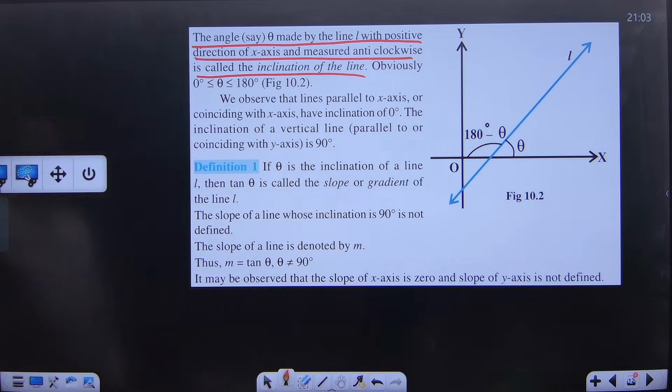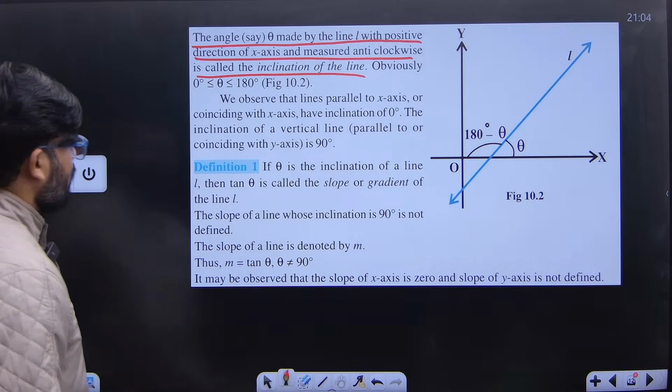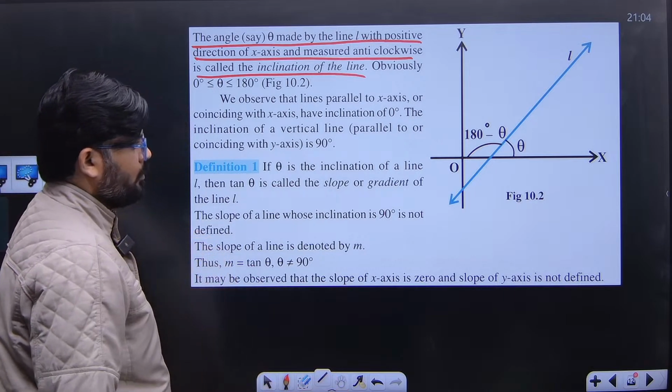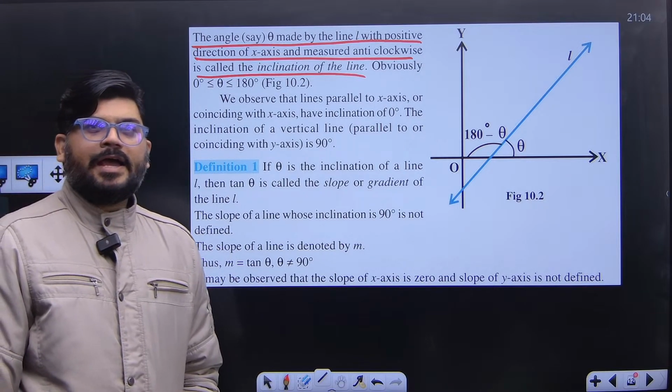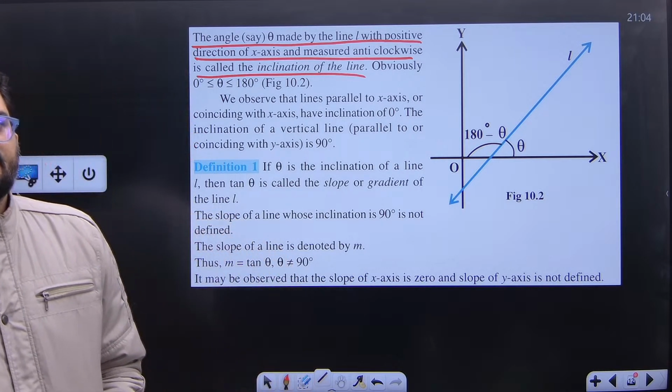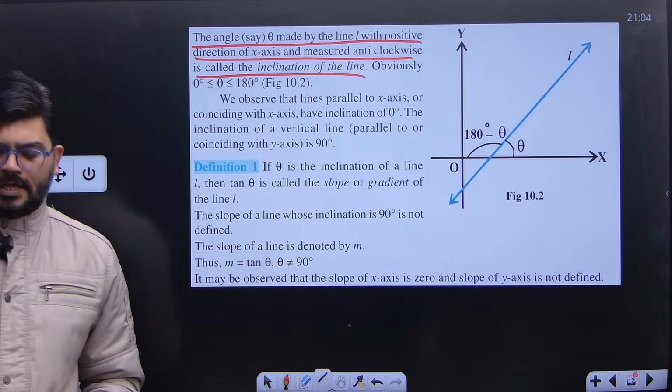The angle theta made by the line L with the positive direction of x-axis is measured anti-clockwise and is called the inclination of the line.